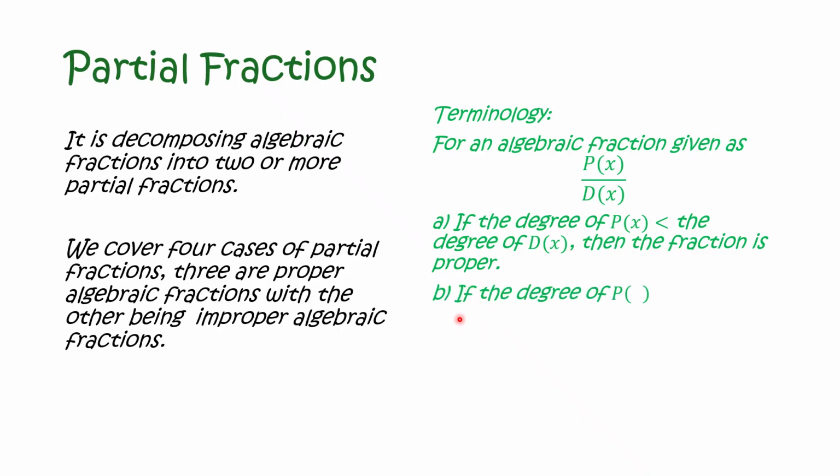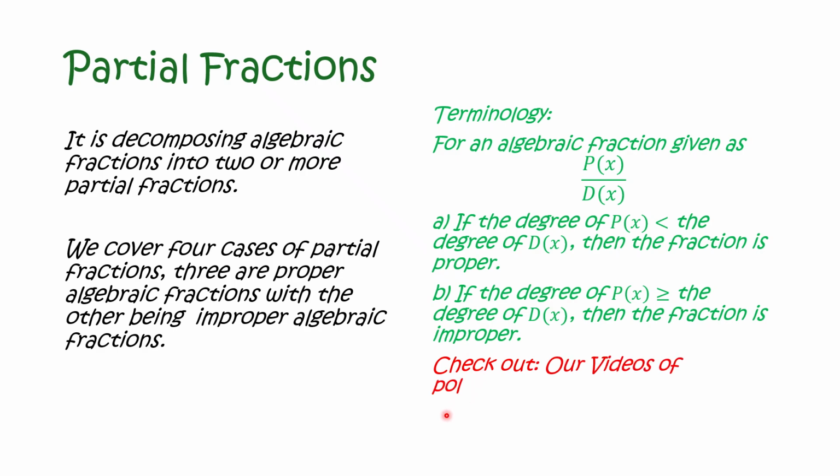However, let's look at case B. If the degree of p of x is greater than or equal to the degree of d of x, then the fraction is an improper one. Make sure to check out our videos on polynomial divisions for more on the terminology.